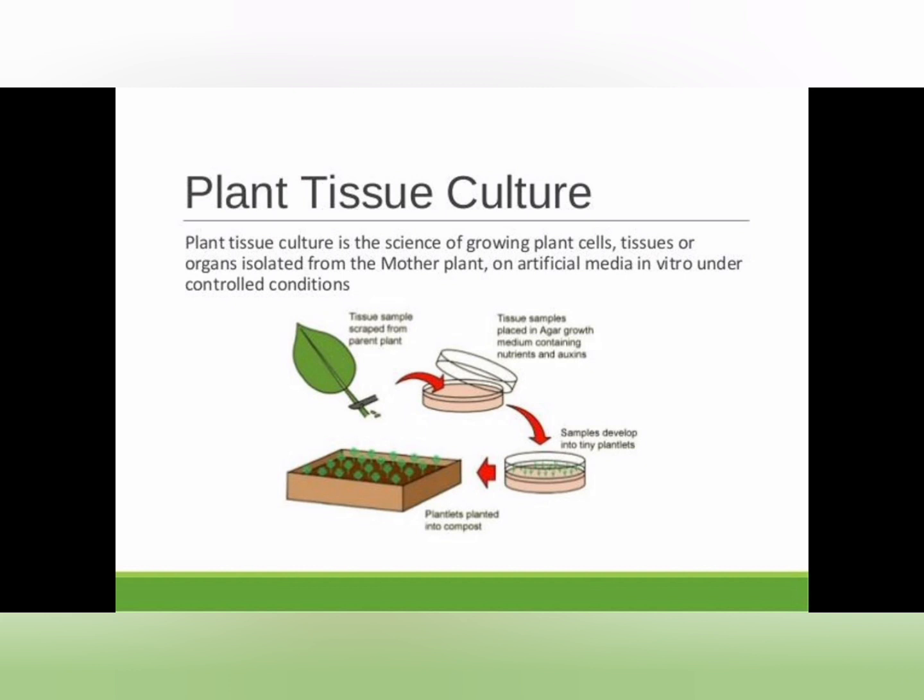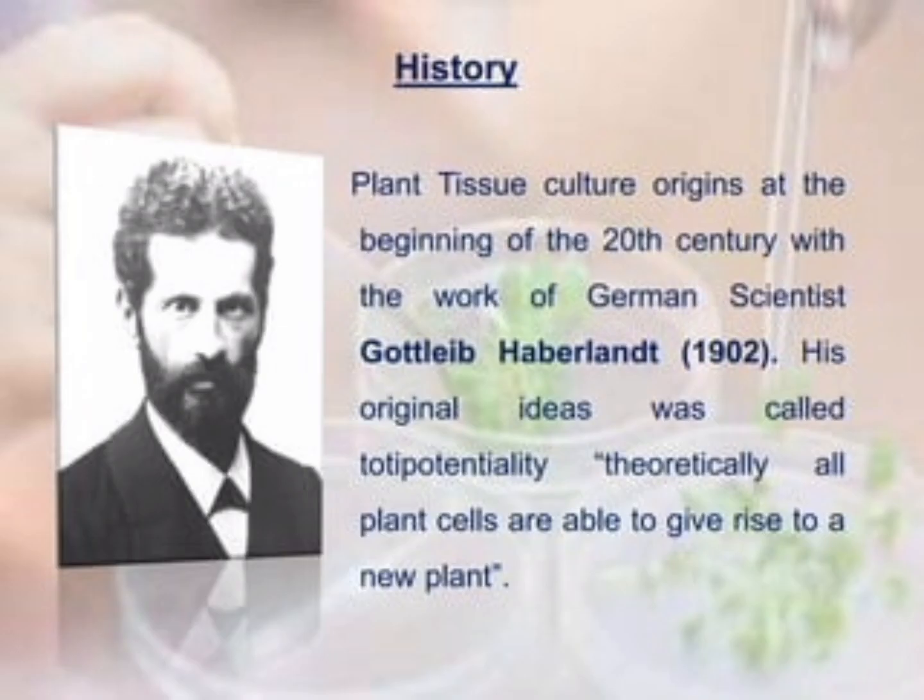A non scientist, Gottlieb Haberlandt, in 1902 tried to cultivate individual palisade cells from leaves in Knop's salt solution supplemented with sucrose. The cells sustained for a month and stored starch but ultimately did not divide.